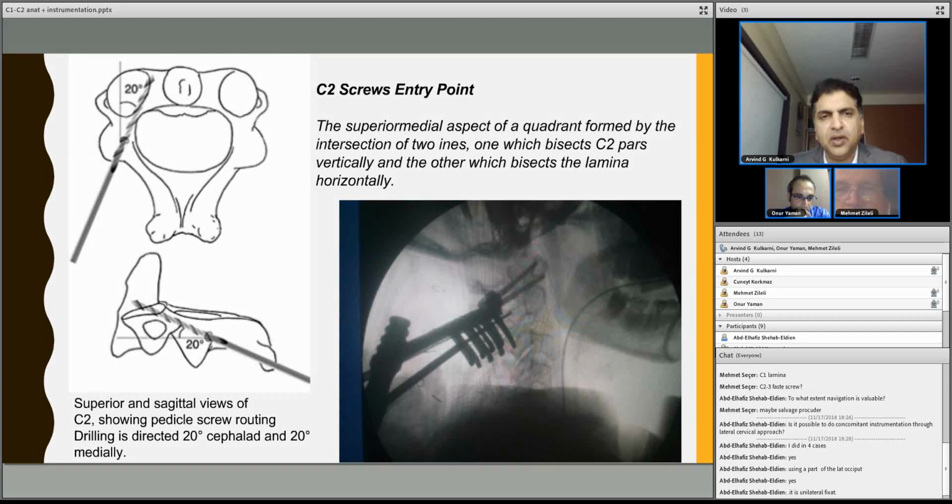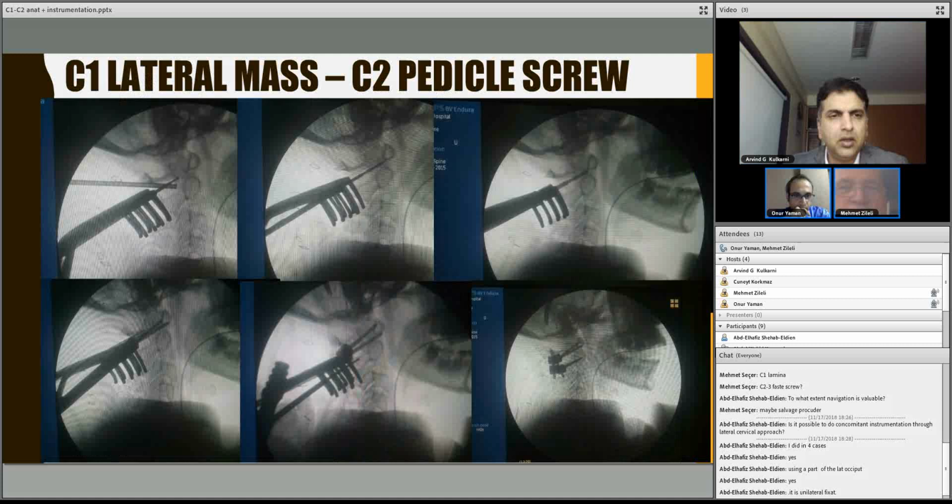This is one of our cases where the screws are already passed. We usually put the C1 lateral mass screws first and then the C2. So this is how it goes, superiorly and medially. This is a case where we put a C1 lateral mass screw after burring the C1 posterior arch.